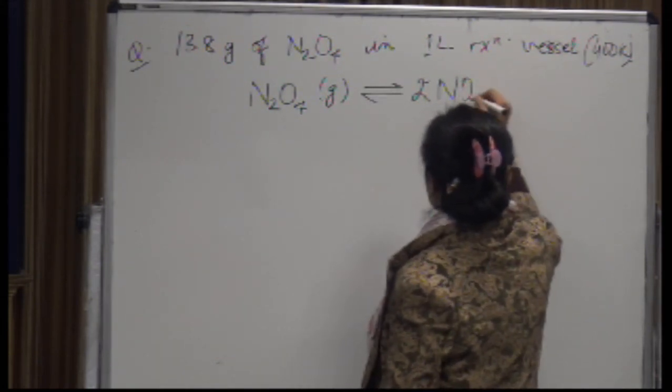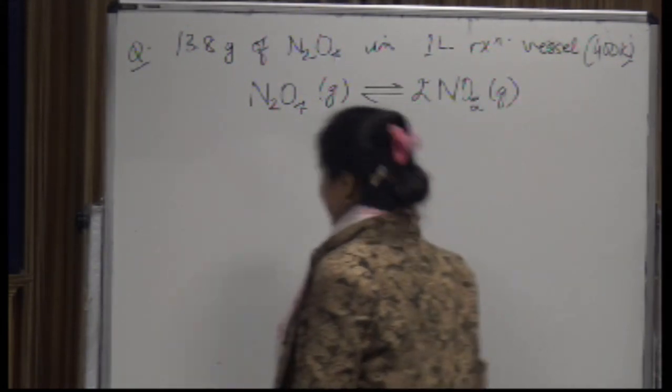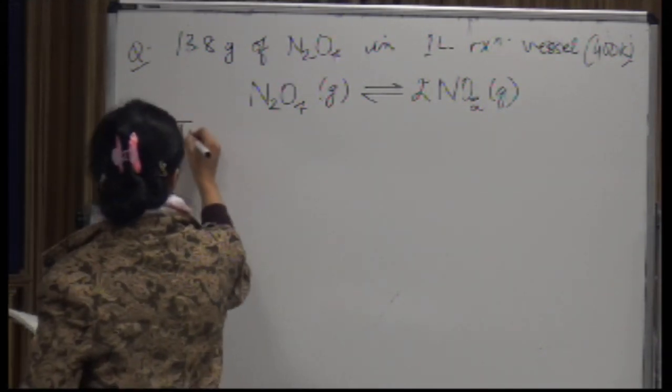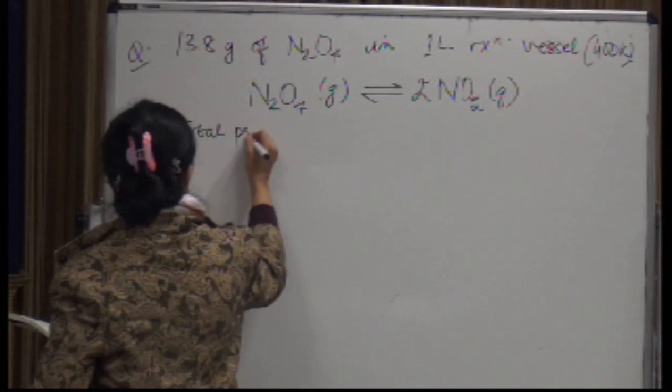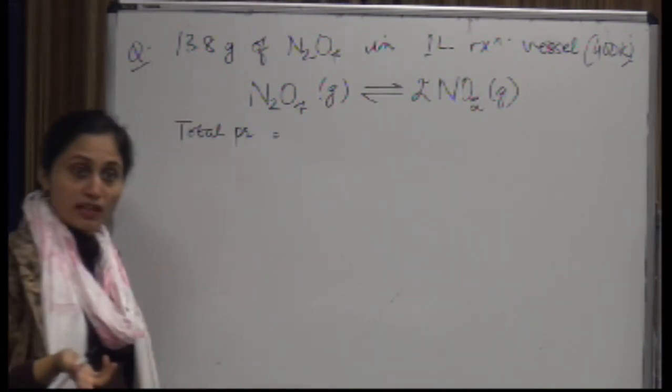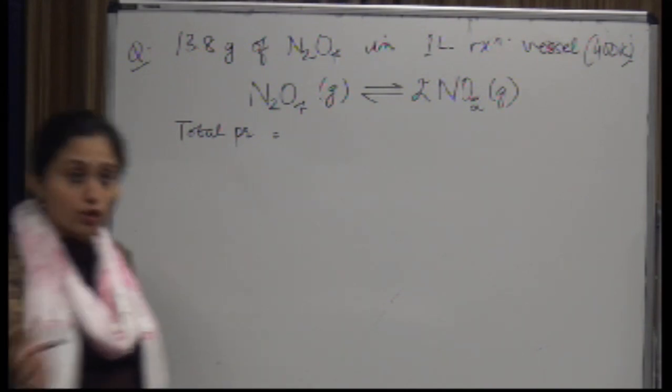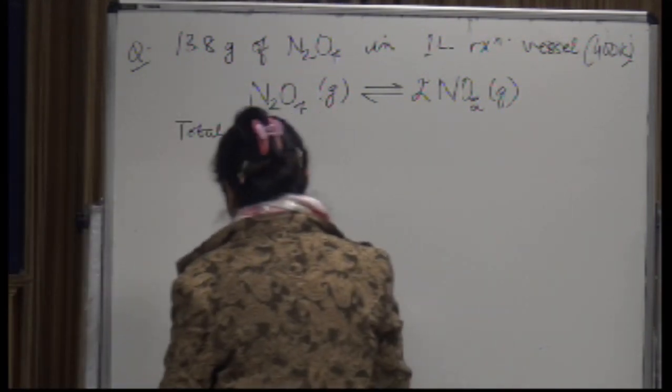So it generally gives 2NO2 gas. The total pressure was found to be 9.15 bar. Now the total pressure would mean the pressure of N2O4 plus the pressure of NO2.